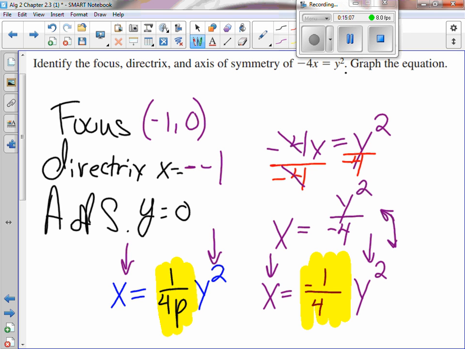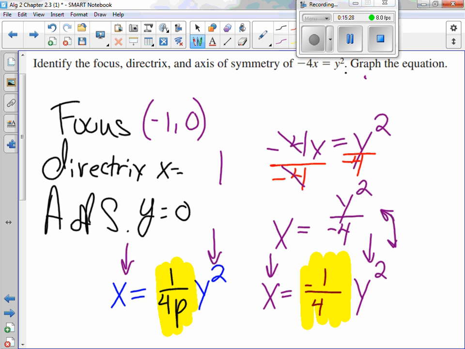And the value of p is negative 1, yes? So it's negative, negative 1, but we don't really write negative, negative 1. We just write positive 1, because a negative and a negative make a positive, yes? That's it. That's all we have to do for this here.